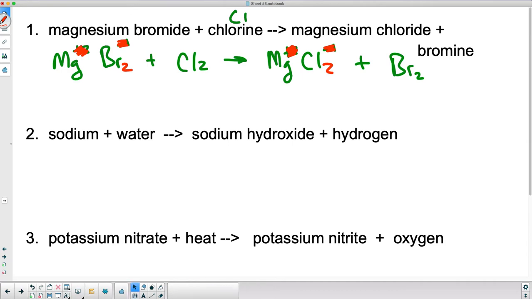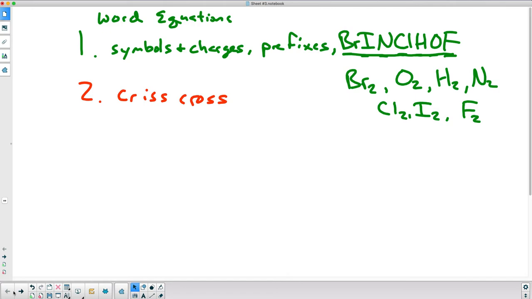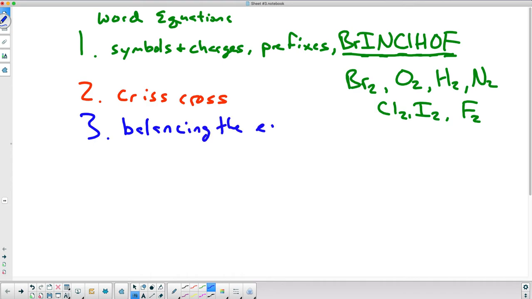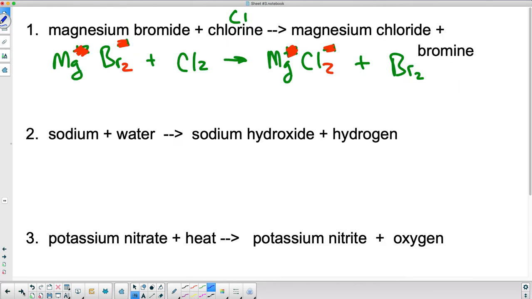And then my last step for word equations is balancing the equation. So when I go forward here, I got 1 Mg. Some people like to write it out like this. I got 1 Mg on this side and 1 Mg on this side.